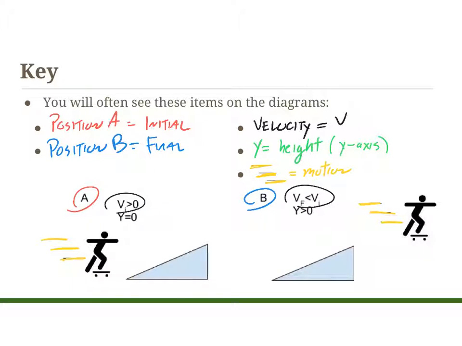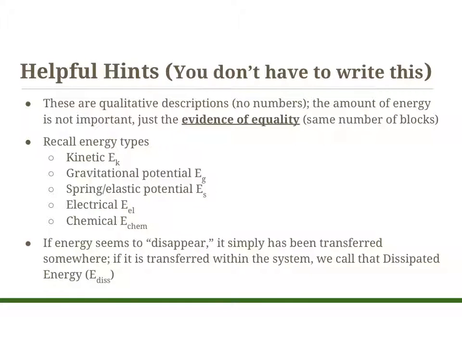In position A, velocity is greater than 0, and in position B, velocity final is less than velocity initial, so he's going slower. And then the last thing would be the height, which was, in this case, height is at 0, and at the final position, height is greater than 0, so it's higher. So these are some things that you don't necessarily have to write down, but you should probably think about when you're doing these graphs.